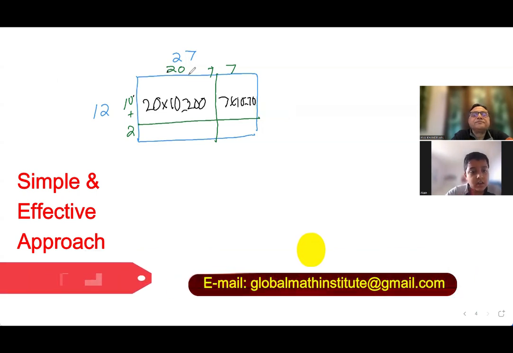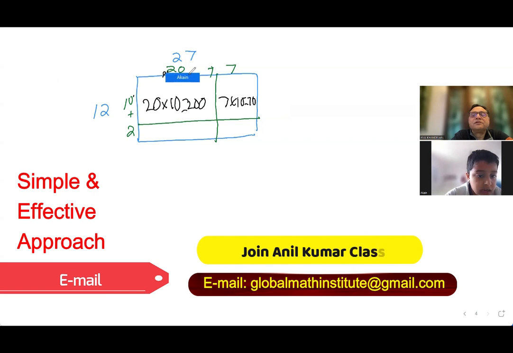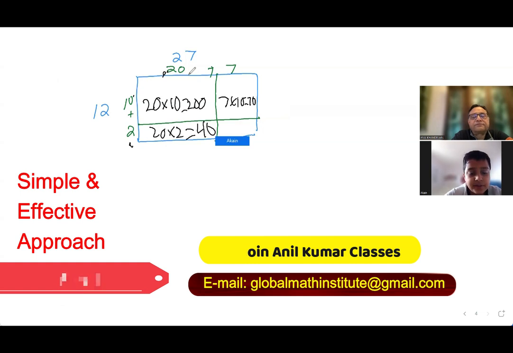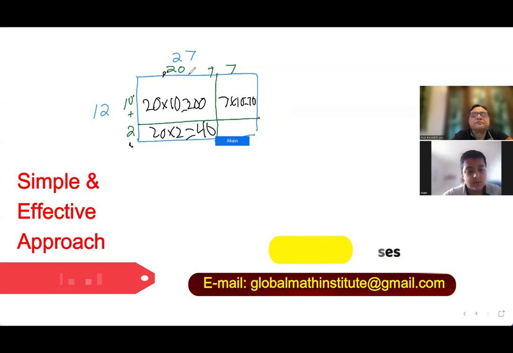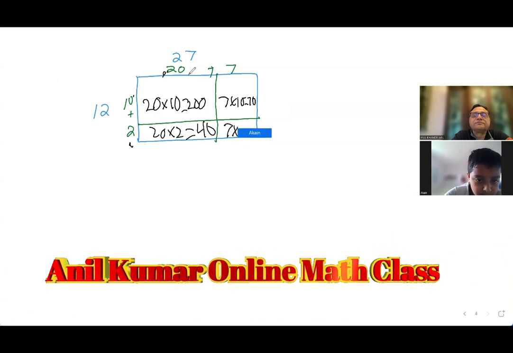The next, you can do 20 times 2. That is 20 times 2 equals 40. Perfect. Then here you can do 7 times 2, that's 14. Right. 7 times 2 equals 14. Very good. And then you can add it all up.